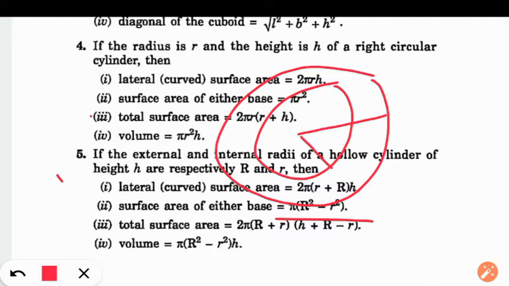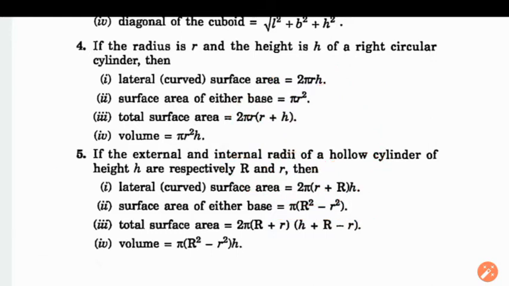Pi capital R square. And what is the area of the inner circle? It will give you pi small r square. So what will be the area of this portion? Pi capital R square minus pi small r square. So by taking common pi, we will get this one. Okay. So this will give you the surface area of the top or the base of the cylinder.